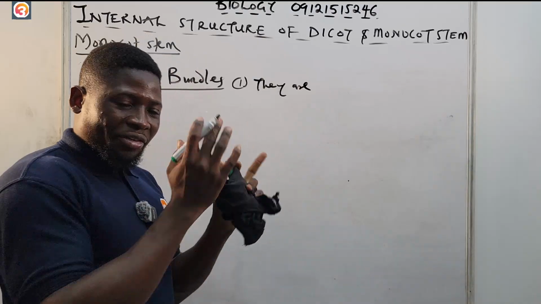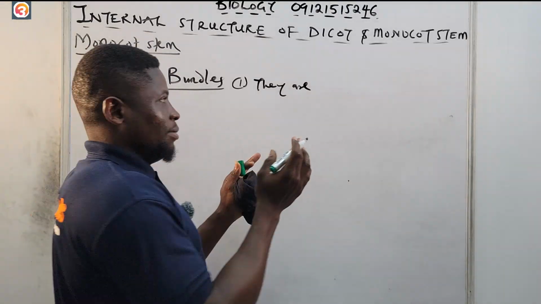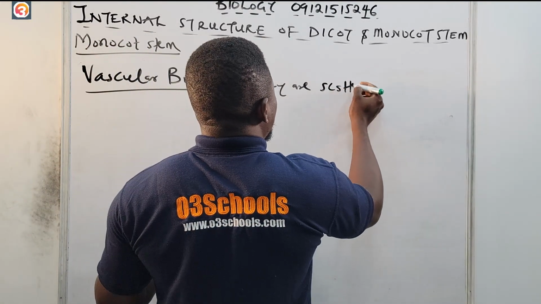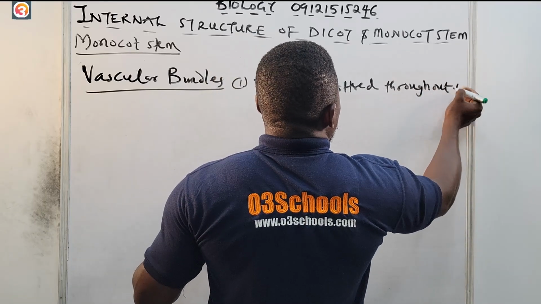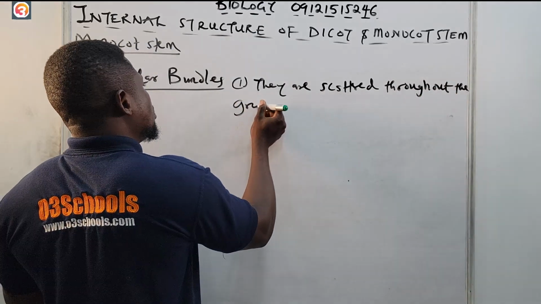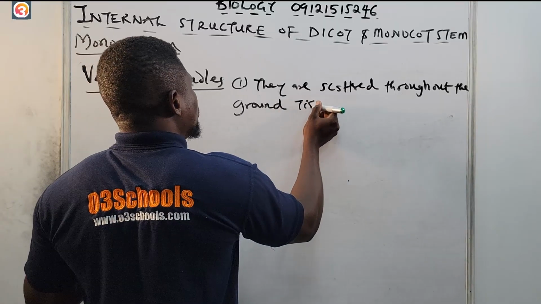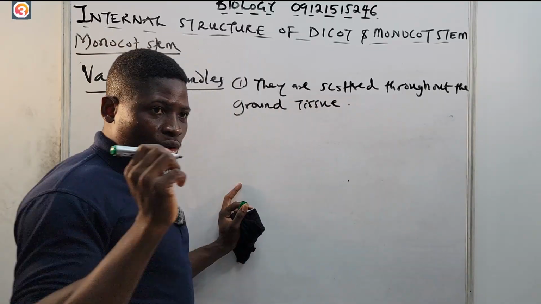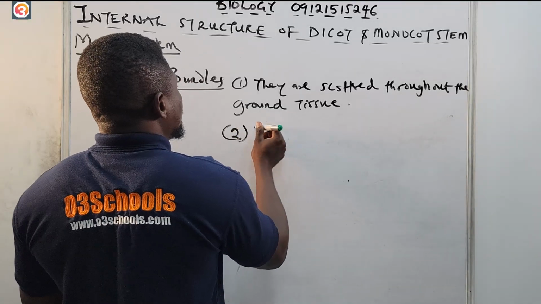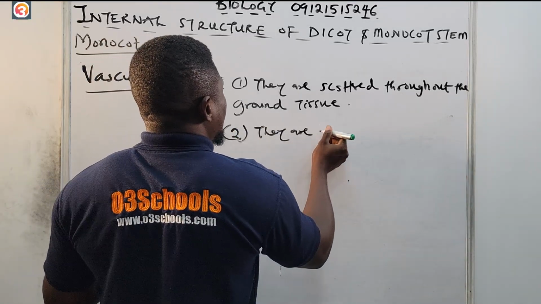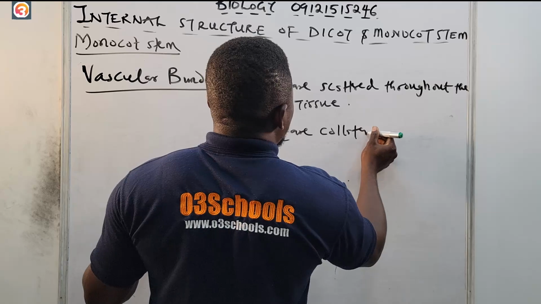They are not arranged in a ring like the dicot stem. Number two, they are collateral, placed side by side.